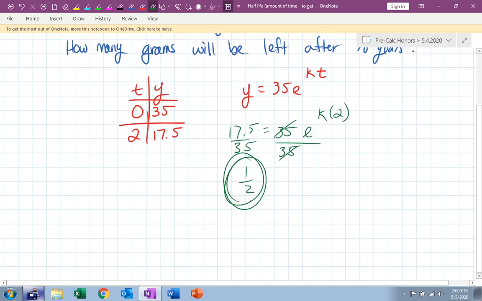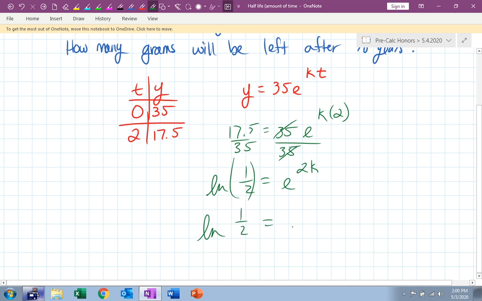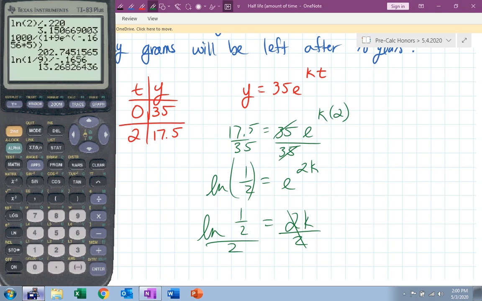You should probably always get 1/2 equals e to the 2k. ln both sides. So I get the ln of 1/2 equals 2k, and divide both sides by 2. So k is the ln of 1/2 divided by 2.